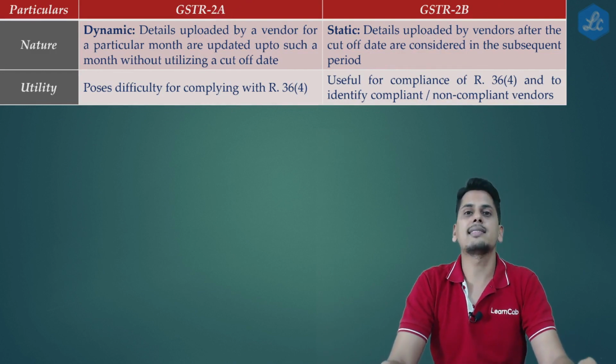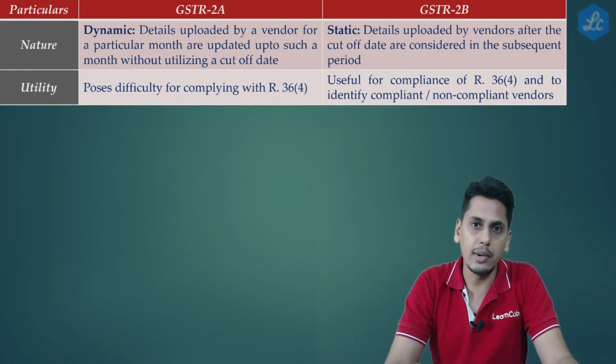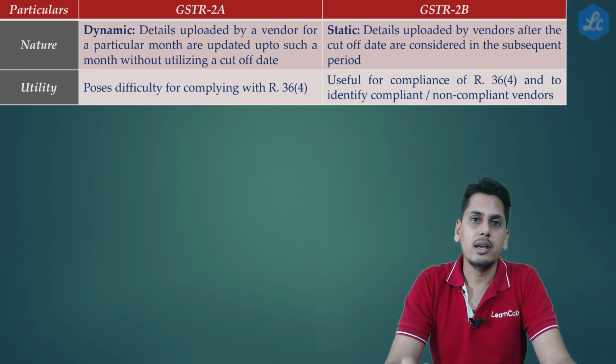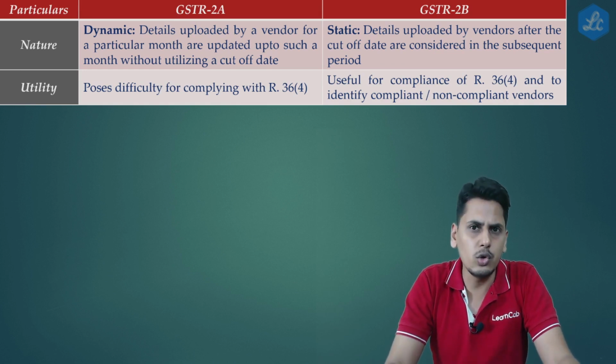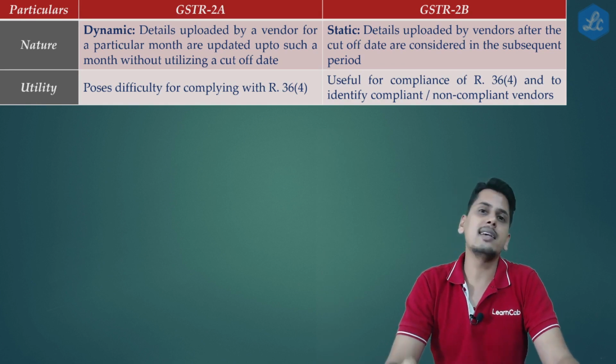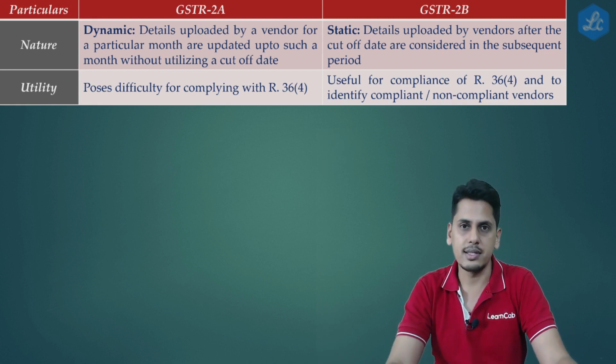Friends, in the preceding example, we had seen that the suppliers were filing GSTR 1 on a monthly basis, and accordingly we saw at the recipient's end in which month GSTR 2A or 2B the details are going to reflect. Now friends, let's take a case where the suppliers are filing GSTR 1 on a quarterly basis.